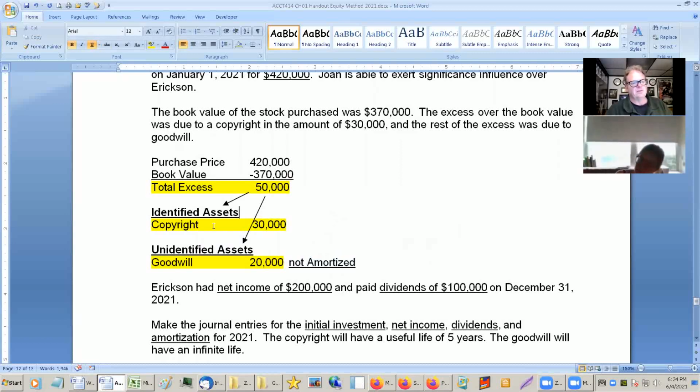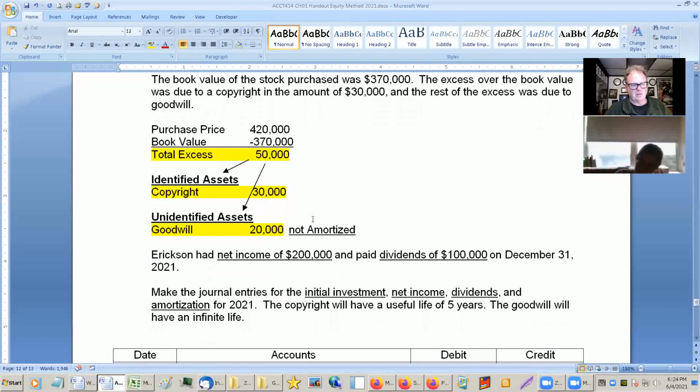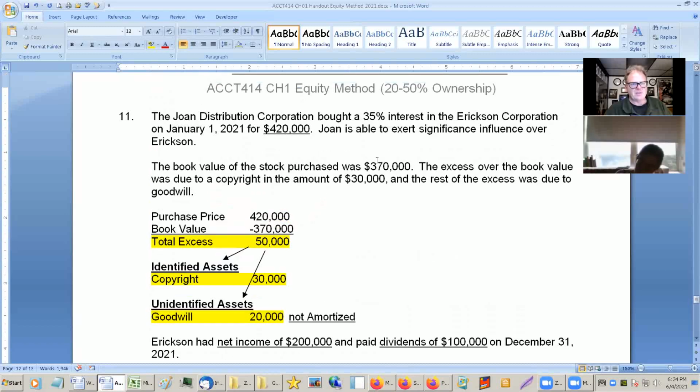Okay. So now we are going to do something with the copyright, this for 5 years or whatever. And again, this is based on 35%.